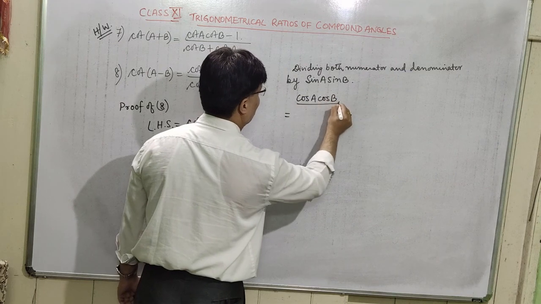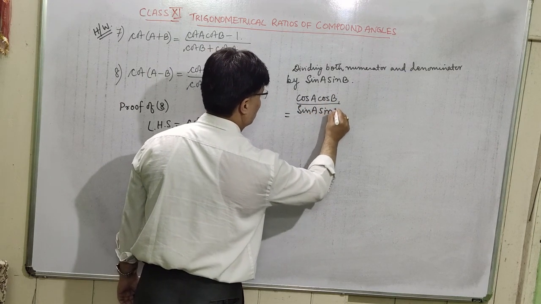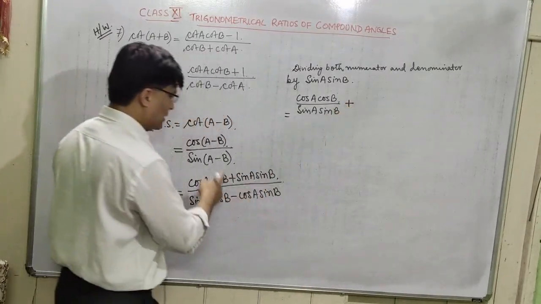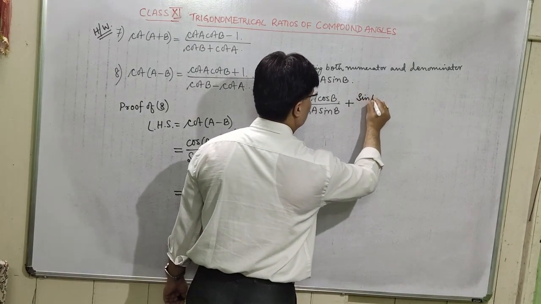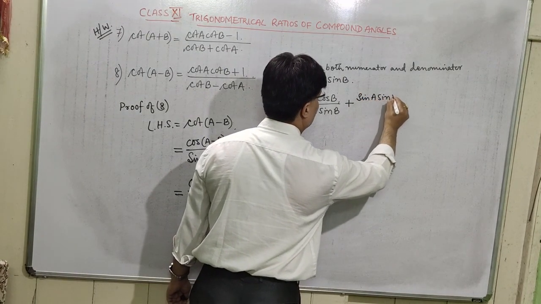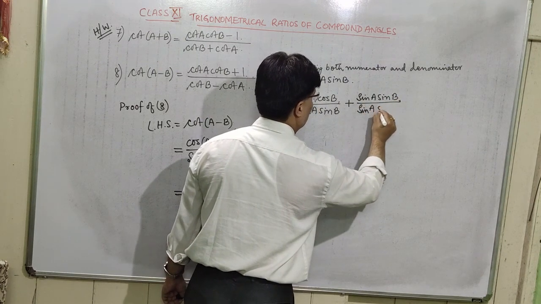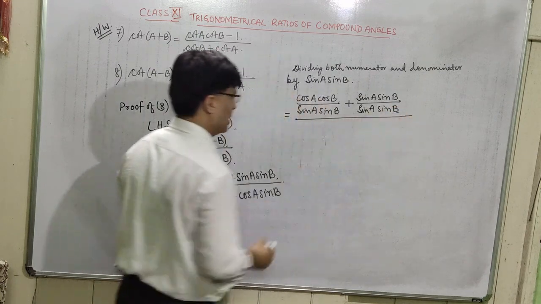cos B should be divided by sin A sin B. Okay, then plus sign. Again this sin A sin B should be divided by sin A sin B again. So this is sin A sin B divided by sin A sin B, this whole divided by.